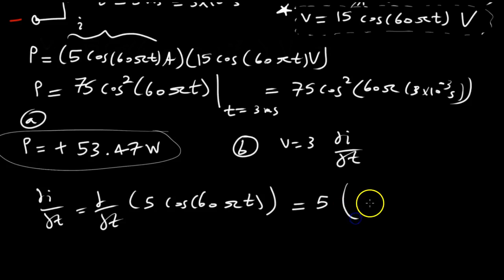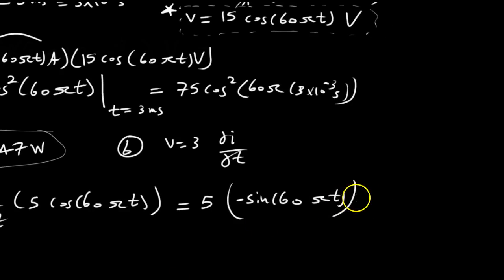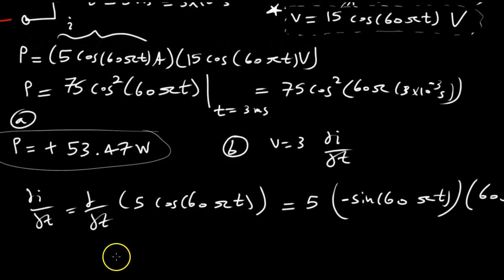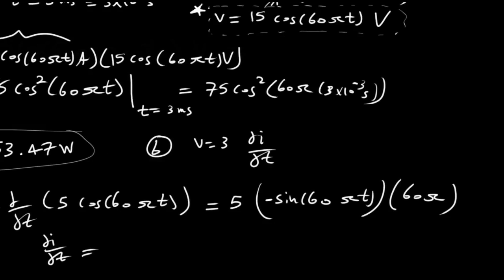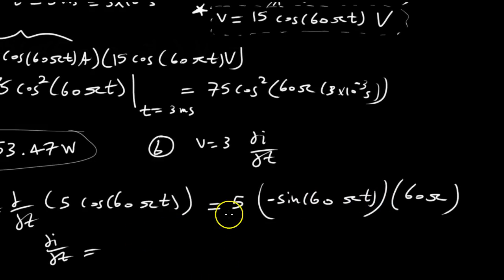So that's going to be d dt of cosine, which is going to be negative sine of 60 pi t. And remember, chain rule, we have to take the derivative of the inside now, which is going to be 60 pi. And the final answer here for the current, the di dt, is going to be, let's see here, 60 times 5, so that's negative 300 pi sine of 60 pi t.